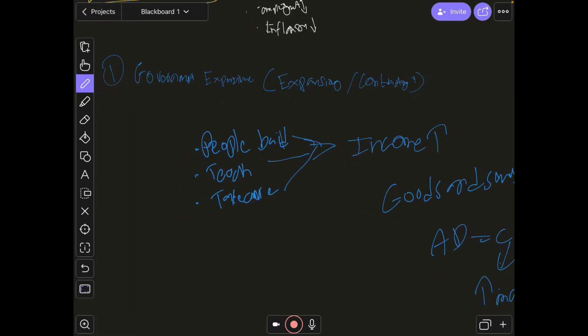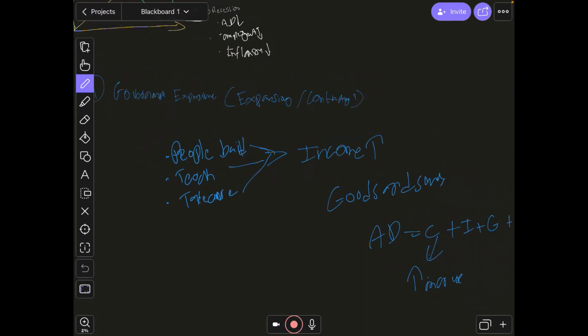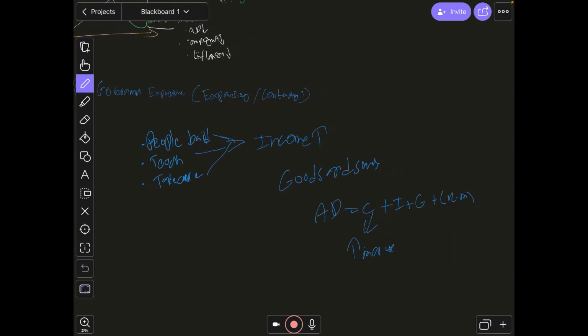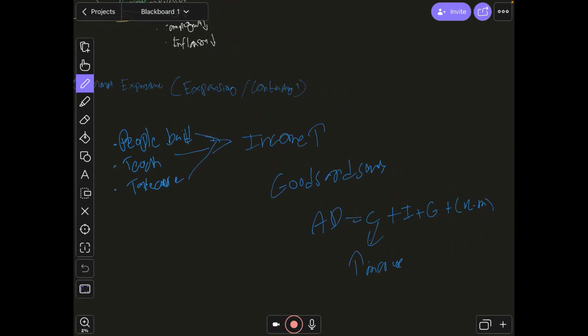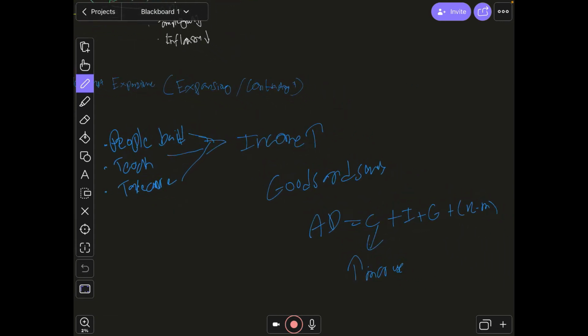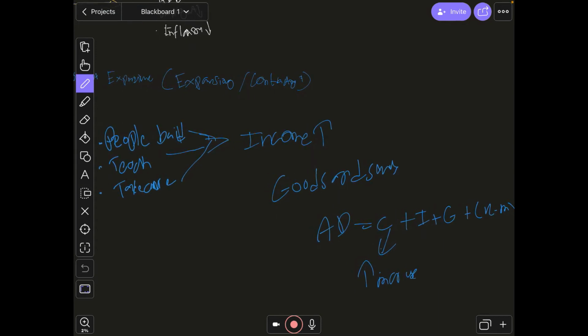But let's say the government were to employ a contractionary fiscal policy, then it would reduce its expenditure, and the government is going to spend less money on hiring people, let's say, hiring more teachers. Maybe they might just unemploy or fire people in extreme cases. And so when that happens, incomes fall.